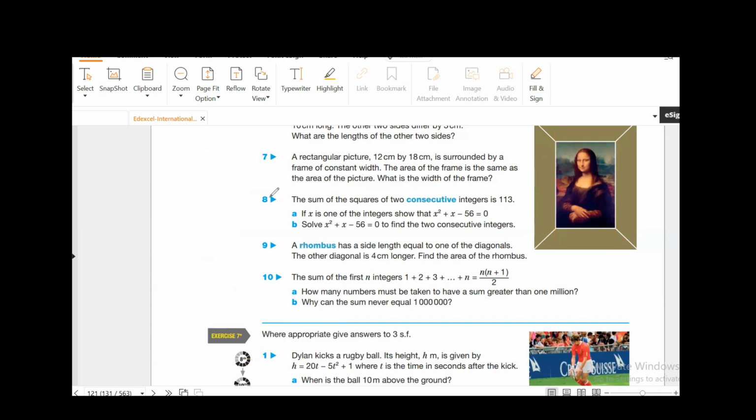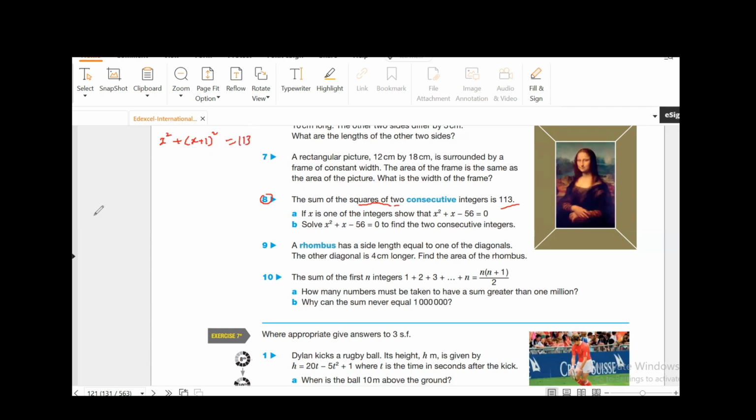If we try one more, that is question number 8. The sum of the squares of two consecutive integers is 113. So we can say those two consecutive integers are x and x plus 1. Remember that it is the sum of the squares, so x squared plus (x plus 1) whole squared is equal to 113.